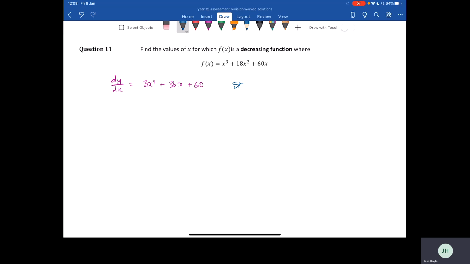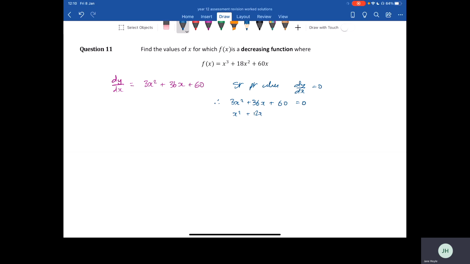So I know I'm getting the stationary point when dy dx is equal to 0. So if I look at 3x squared plus 36x plus 60 equals 0, divide through by 3, which I can undo.